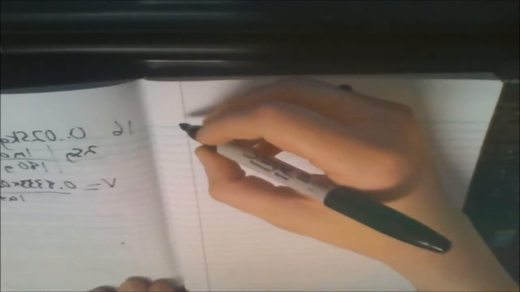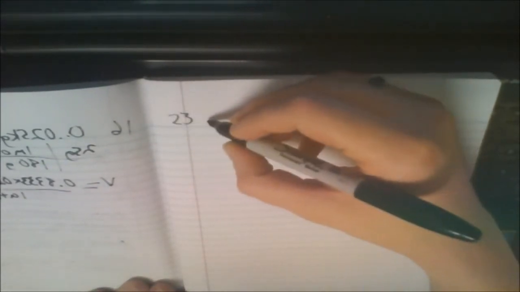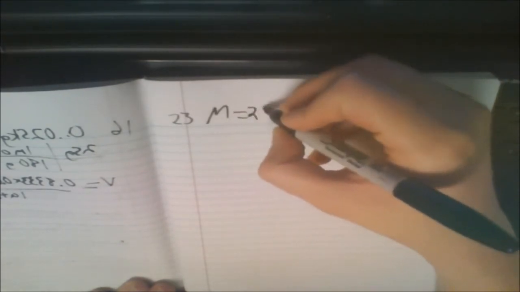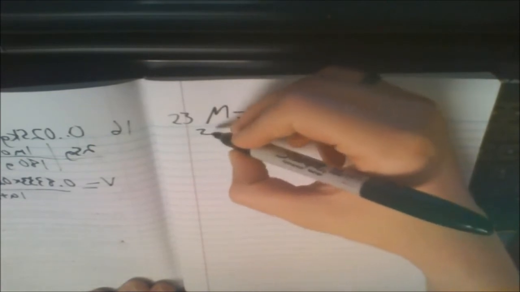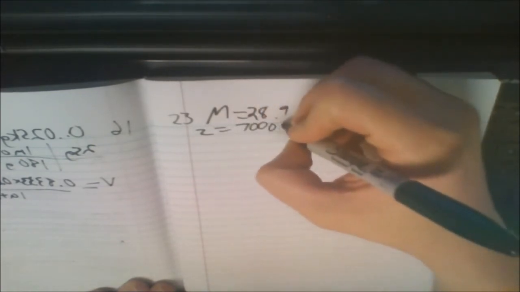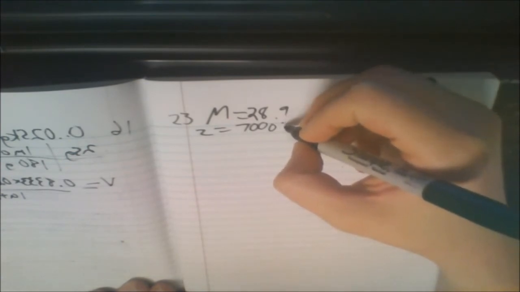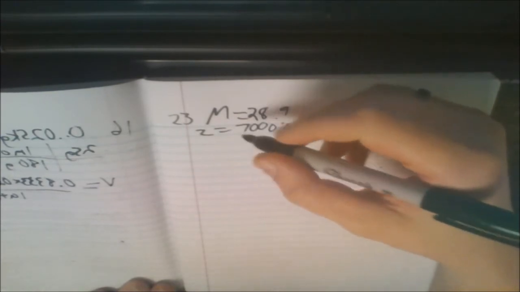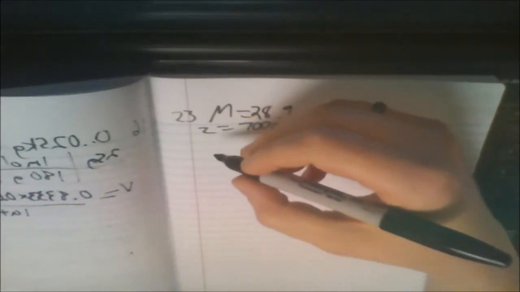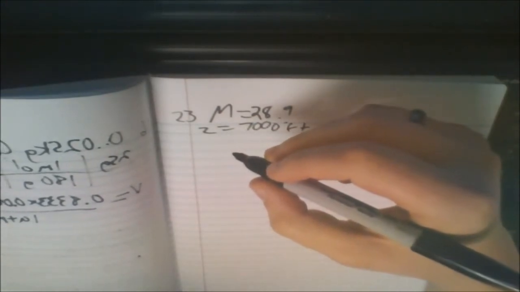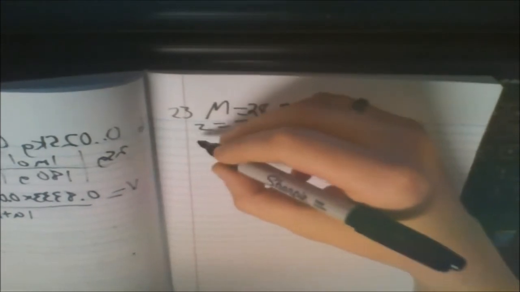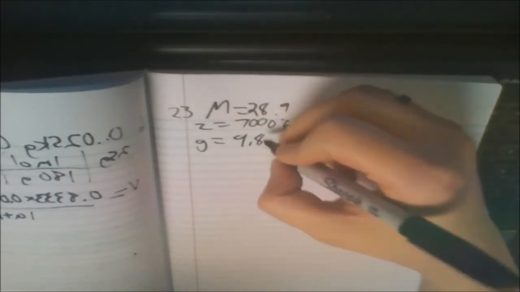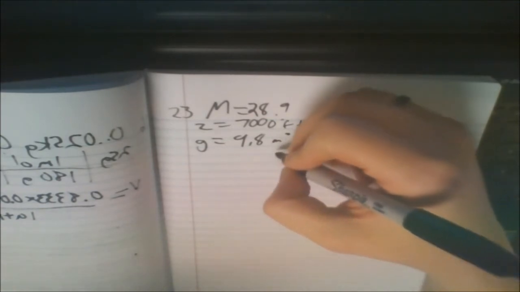So with that in mind, looking back at problem number 23, we have the molar mass is 28.9, z is 7,000 feet, and we may have to convert feet into meters just to get the units right. g is 9.8 meters per second squared.